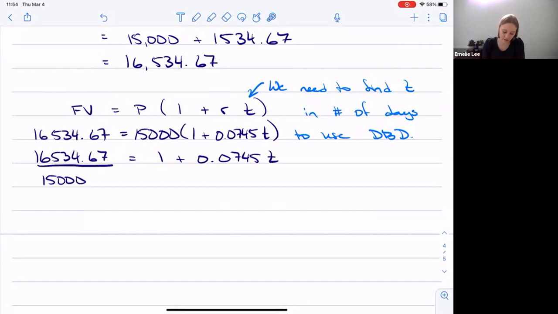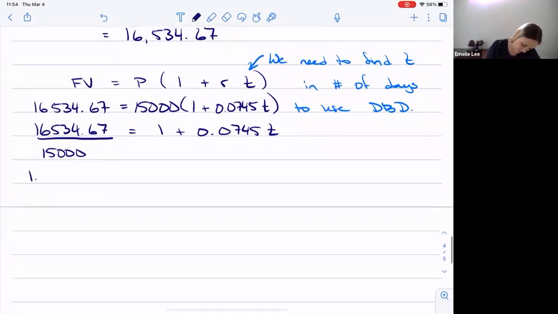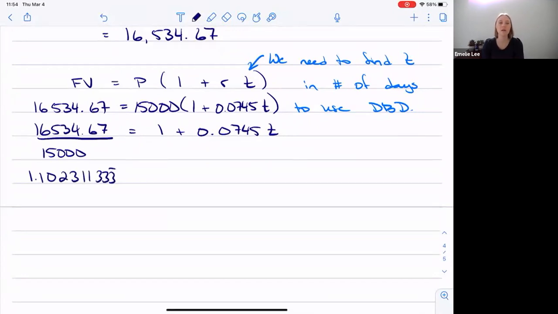I'm going to compute this division first, and then subtract 1. So 16,534.67 divided by 15,000 gives 1.102311333, repeating. Make sure you keep all your decimal places, whether that means storing the value or just keeping it on your screen.